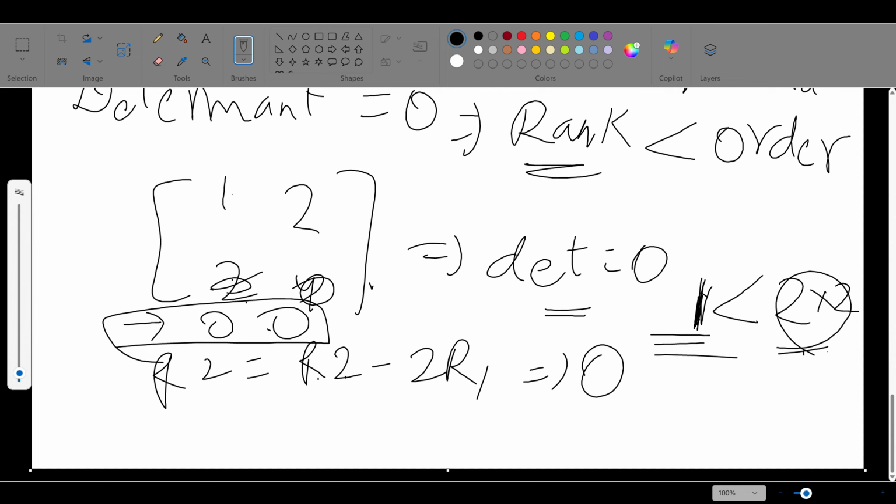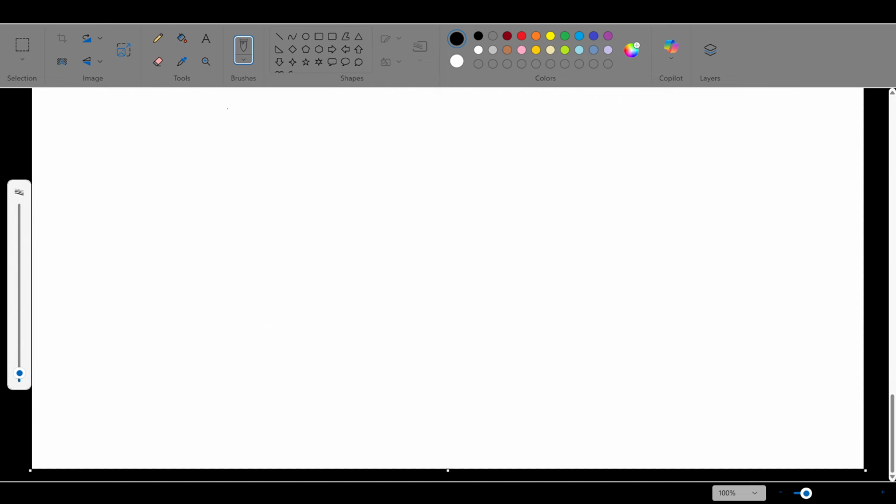Okay, so the summary of today's class is rank, which is the maximum number of independent rows or columns, and we also learned one method which is echelon form, and the rank which helps in solving equations. Okay, so now I'll give you a small homework. Just try doing it.